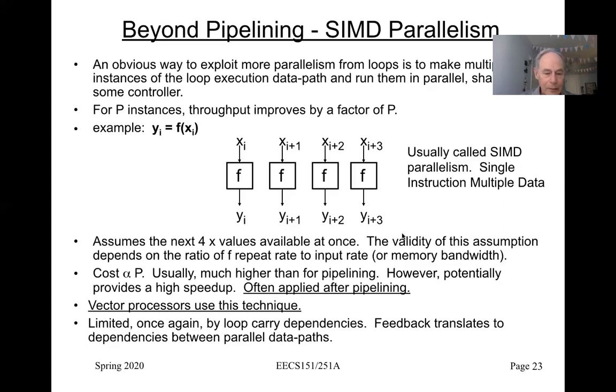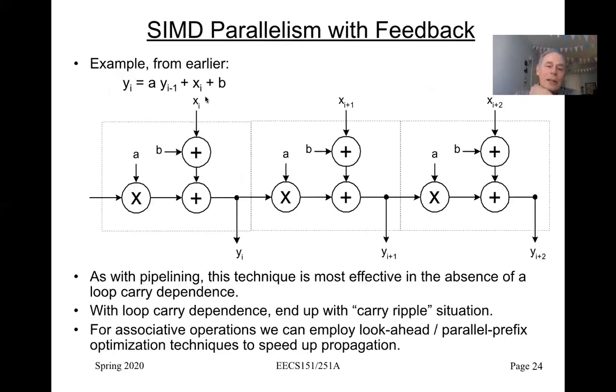Once again, though, the effectiveness of this technique is limited by loop carry dependencies. Feedback translates to dependencies between these parallel data paths. So I can show you an example. Here's our example from earlier: y sub i is equal to a times x sub i minus 1, that was the feedback one, plus x sub i plus b.